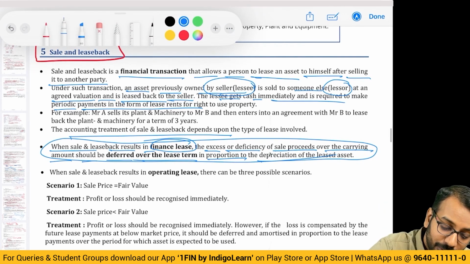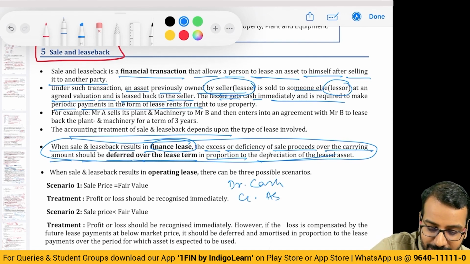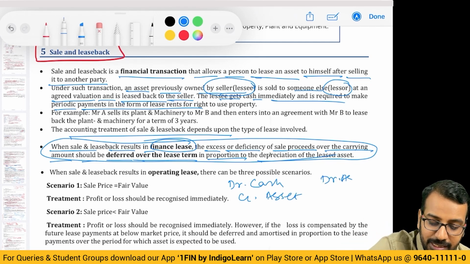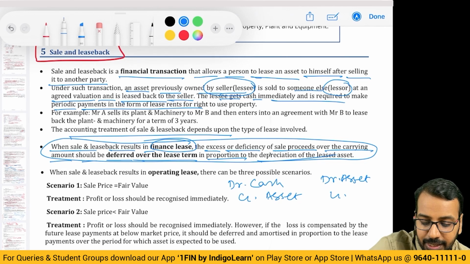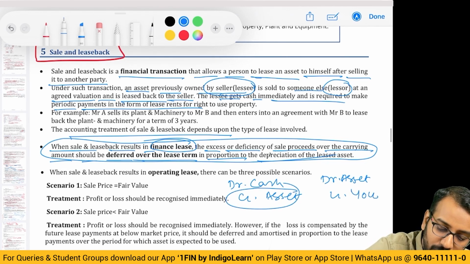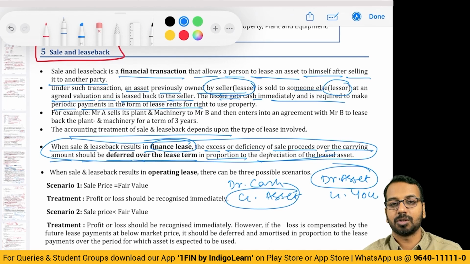So, first I will say I have sold the asset: debit cash, credit asset. Then you will lease it back: debit asset, credit lease liability. So what has happened? The same asset has gone out, the same asset has come back in the books. So, the standard says don't do all of this drama.